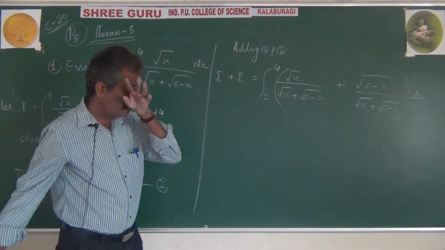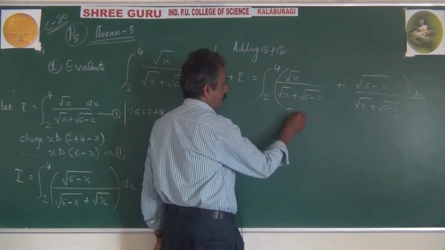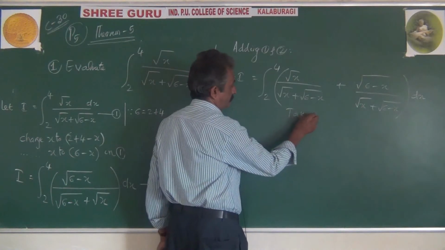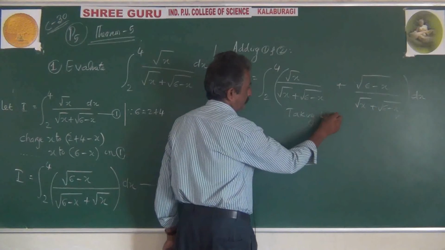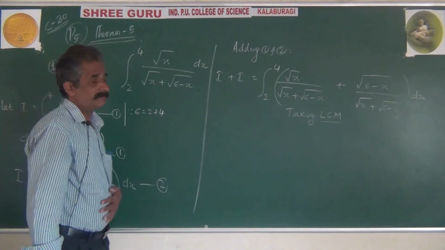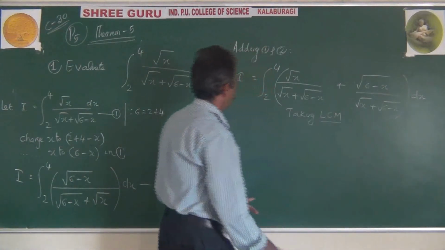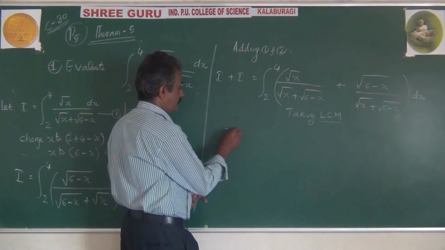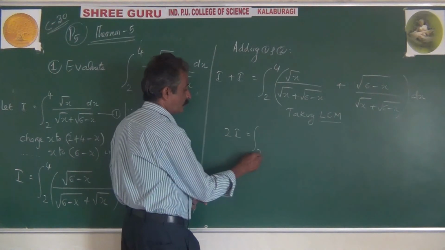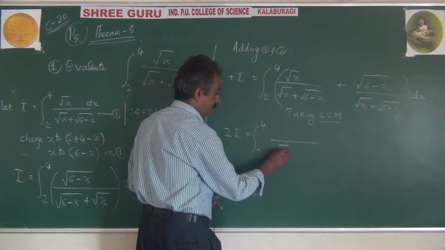Now take LCM on the right hand side. What is the LCM? LCM is root x plus root of 6 minus x. So 2I equal to integration 2 to 4, root x plus root of 6 minus x is LCM.